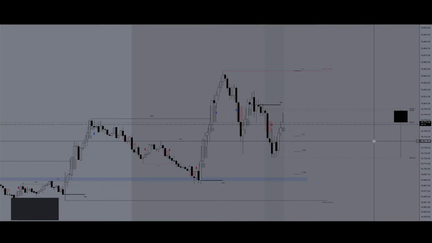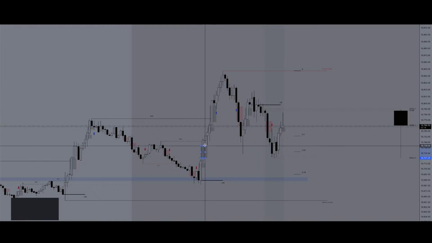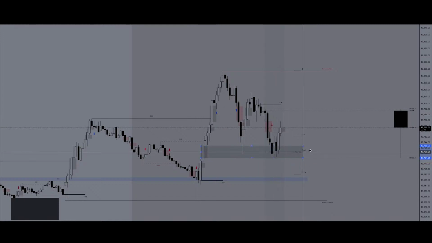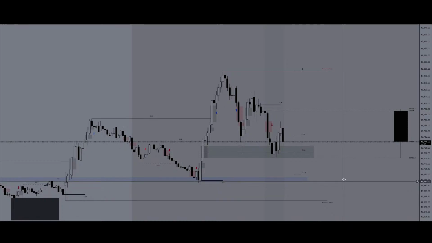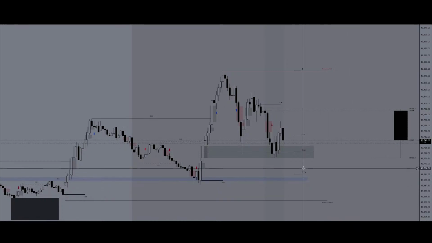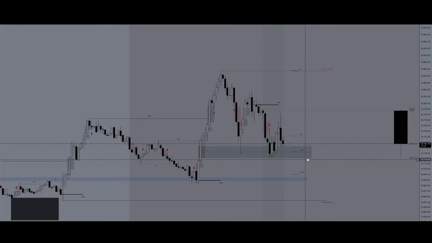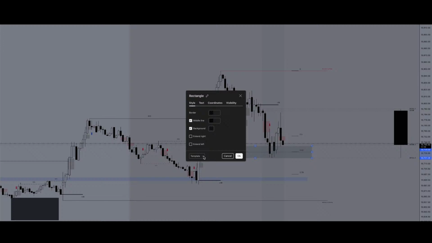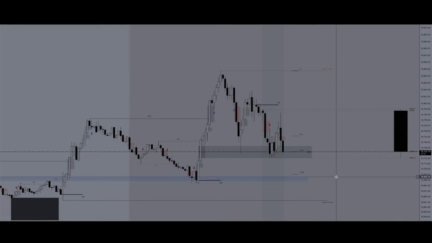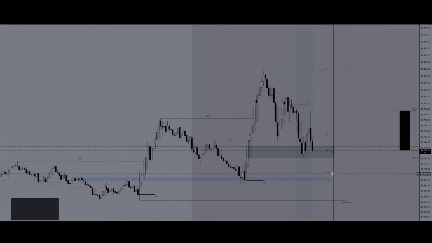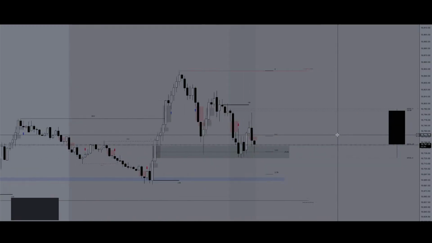Very interesting. It looks like it's holding up this fair value gap here. So I would definitely want to see this get inversed, and I also want to see this bearish breaker get disrespected.